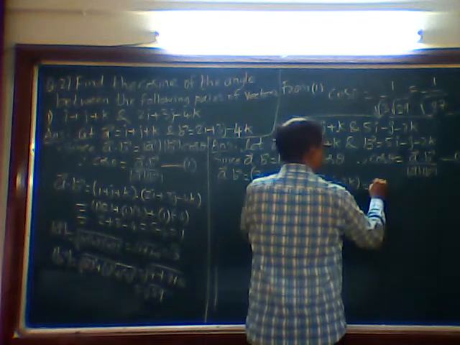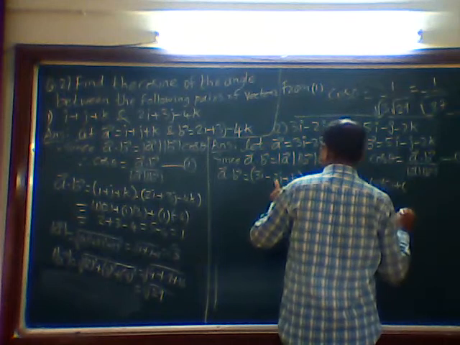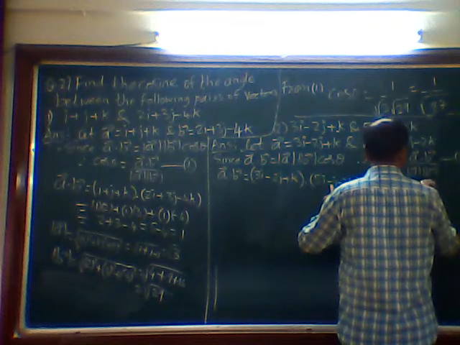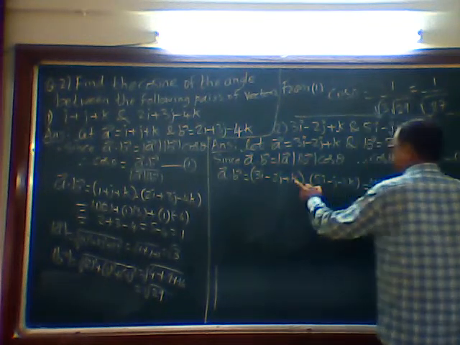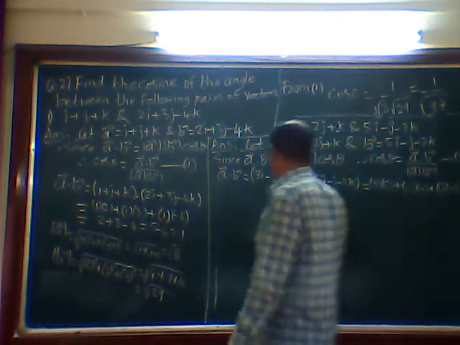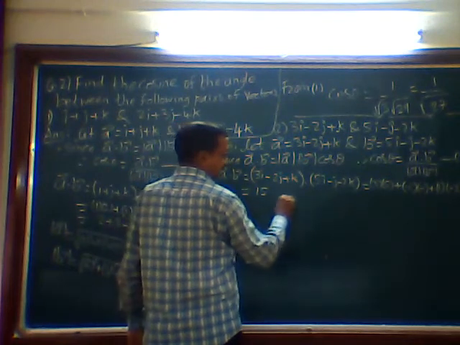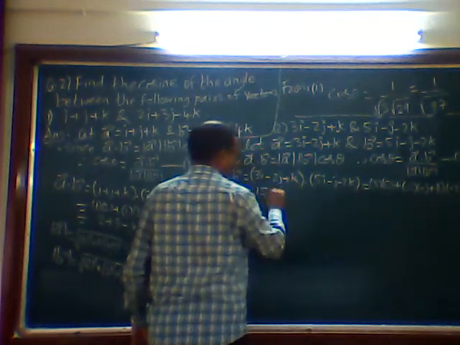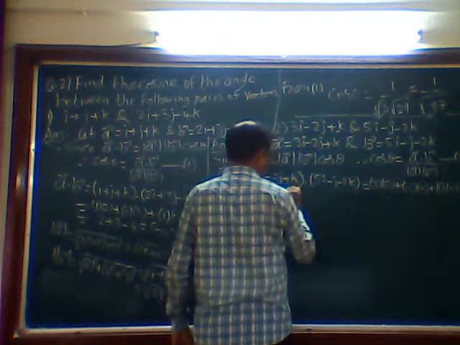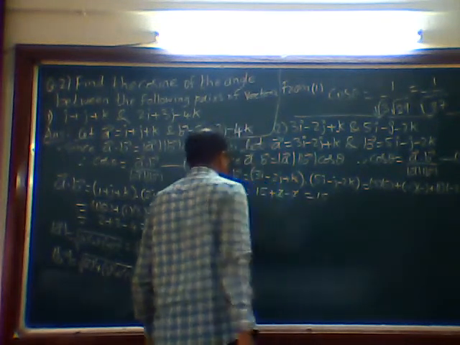That is 3 into 5, plus, the coefficient of j is minus 2, minus 2 into minus 1, plus 1 into minus 2. So 3 times 5 is 15, then minus 2 into minus 1 is plus 2, then 1 into minus 2 is minus 2. Plus 2 and minus 2 cancel, so it is 15.